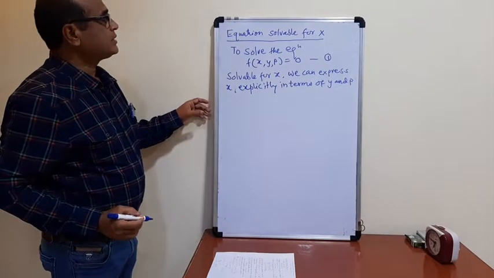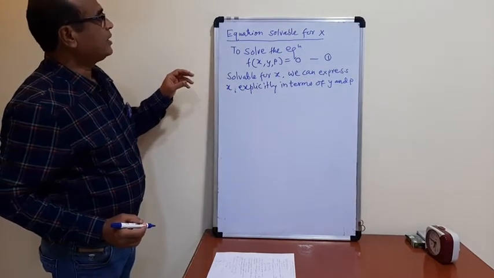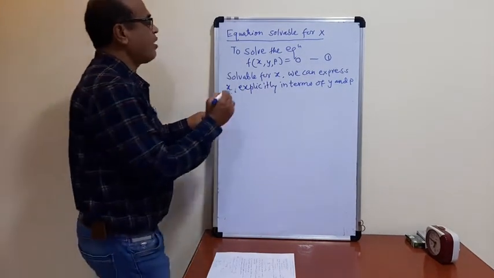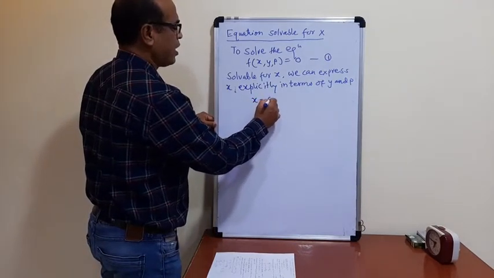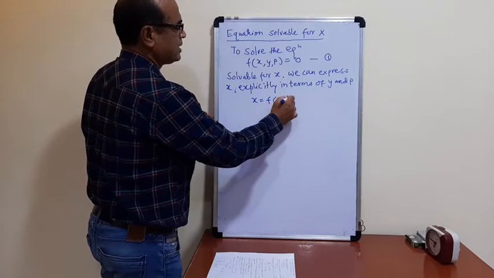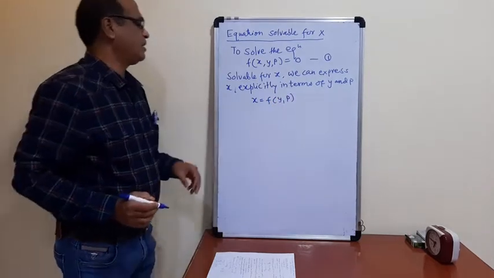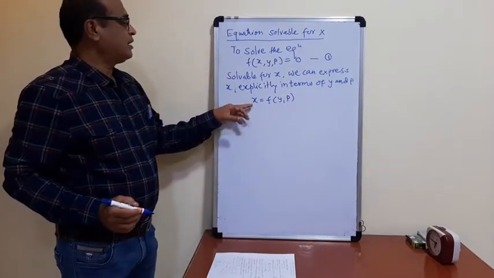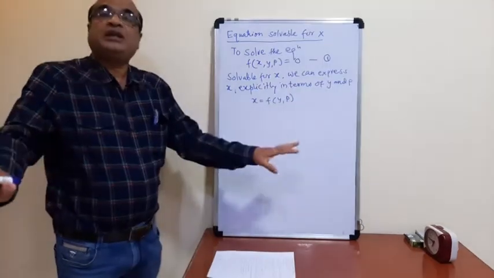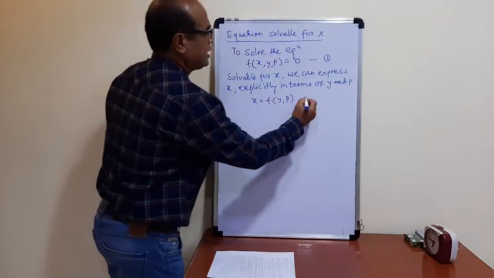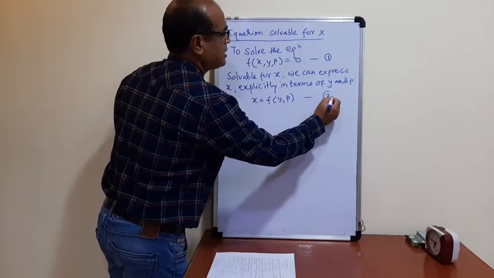Okay, so we write this equation in the form here. So this is x is equal to something, f of y, p. So write the variable x in terms of y and p explicitly. Okay, so this is equation number 2 here.